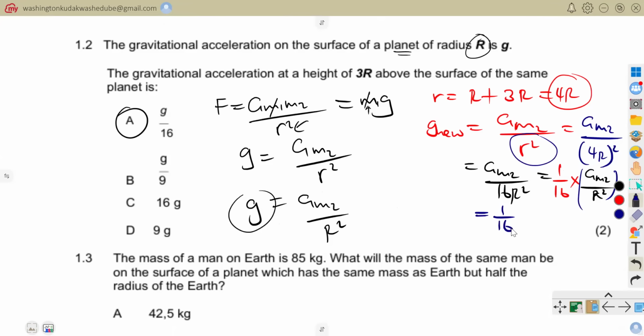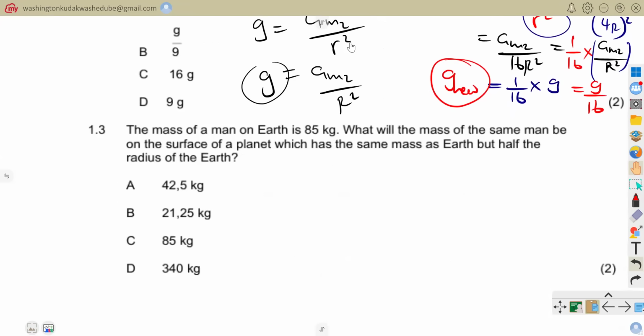So I'll be having 1 over 16 times our g, which is the same as saying g over 16. So that is how I managed to calculate my new what? Gravitational acceleration. That's why we say the answer becomes g over 16. So now let's go to question number 1.3.